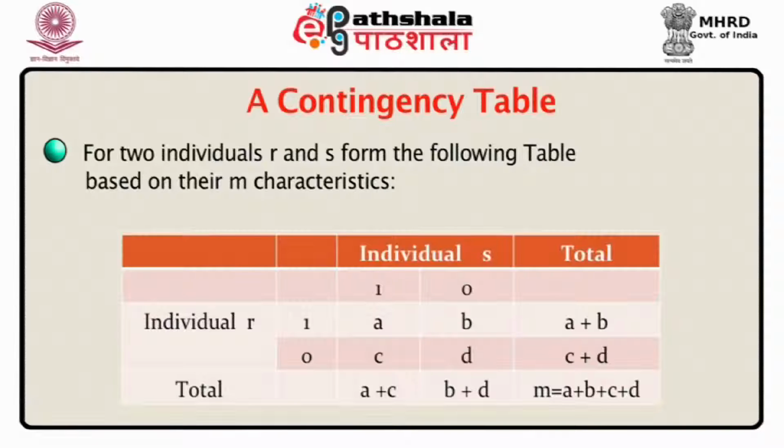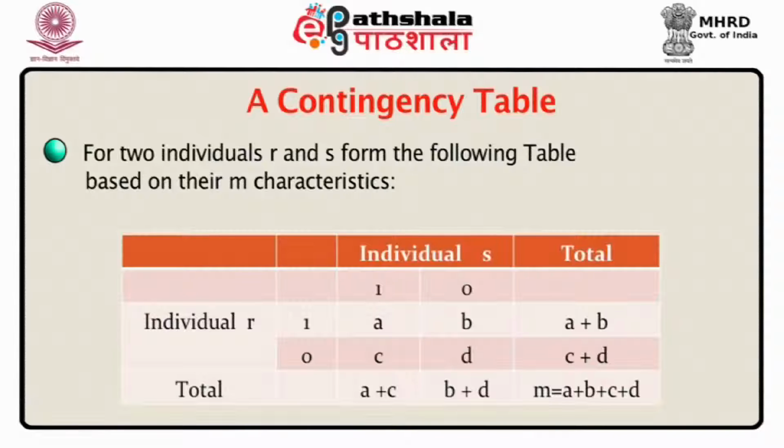So if we are looking at the 1 1 cell, this corresponds with individual R having characteristic 1, individual S having characteristic 1, and suppose of the m characteristics there are a such characteristics in which both R and S have 1.